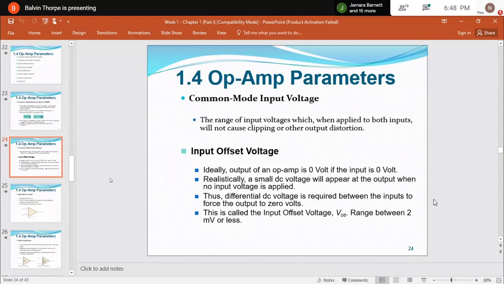And if you know what your input offset voltage is, it helps you. It's like saying, okay, I'm traveling from Montego Bay to Kingston.